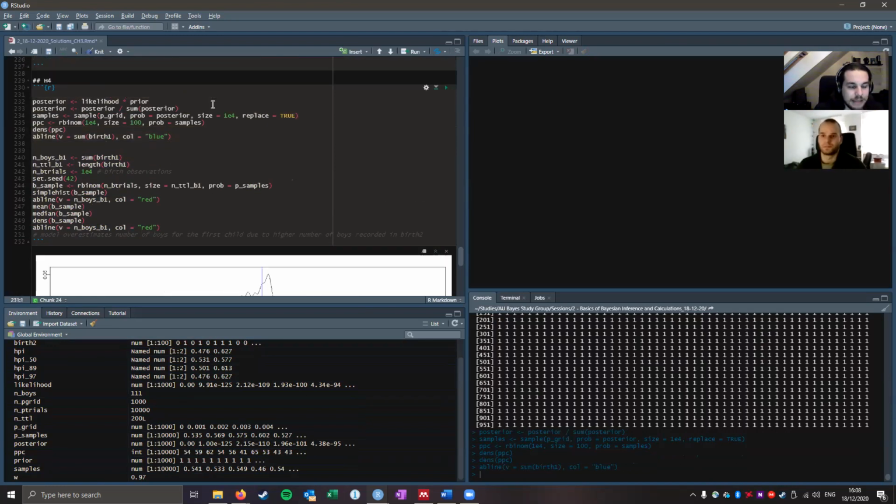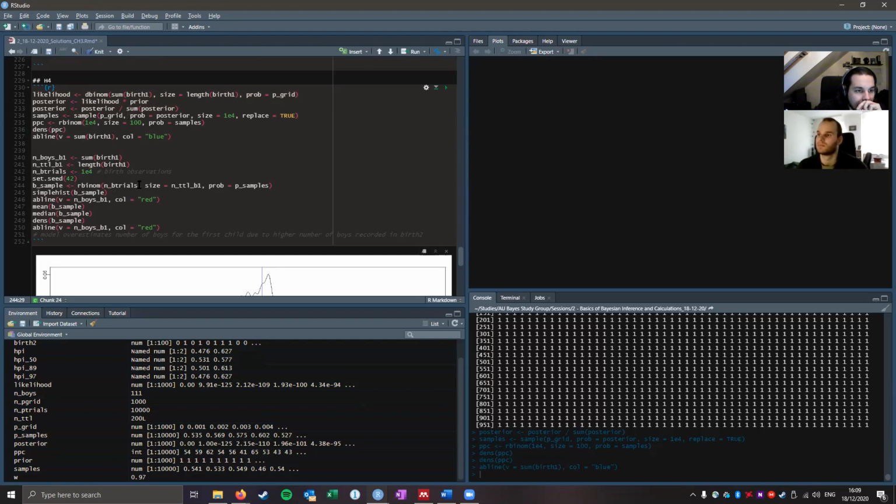Yeah, I really think this comes down to how you interpret the question, doesn't it? Yeah, it does, because really it is just this part, which then goes into, sorry, NB trials is B sample.